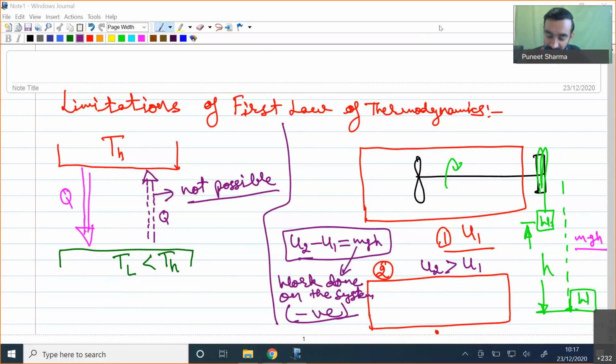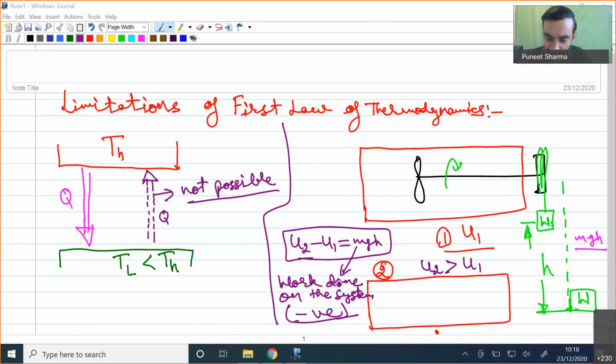We have seen that upon the addition of work equivalent to mgh, our thermodynamic state changes from state 1 to state 2. We have U2 as the new internal energy, which is greater than U1, and U2 minus U1 equals mgh, which is the work done on the system.